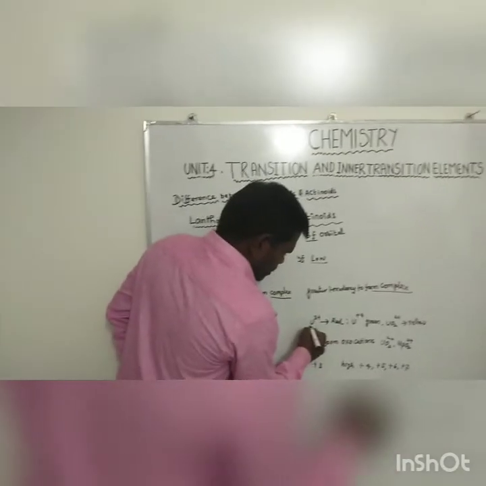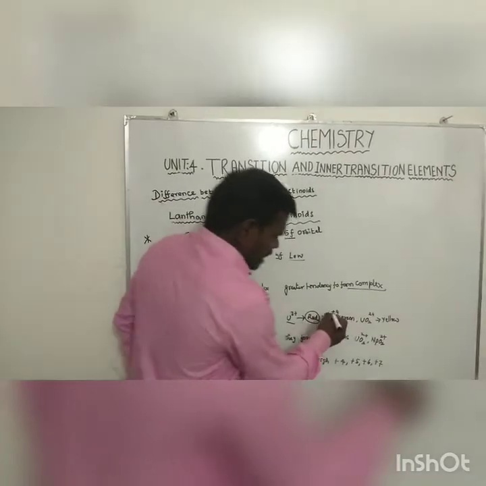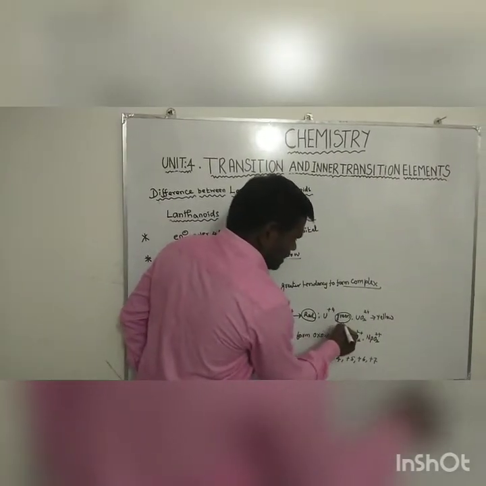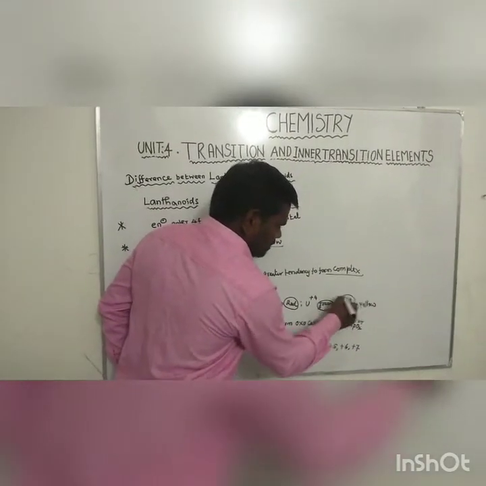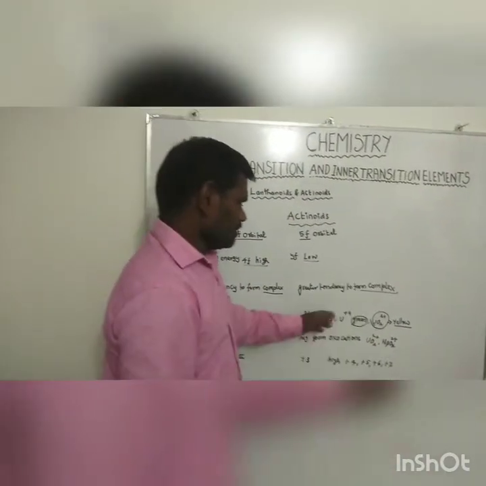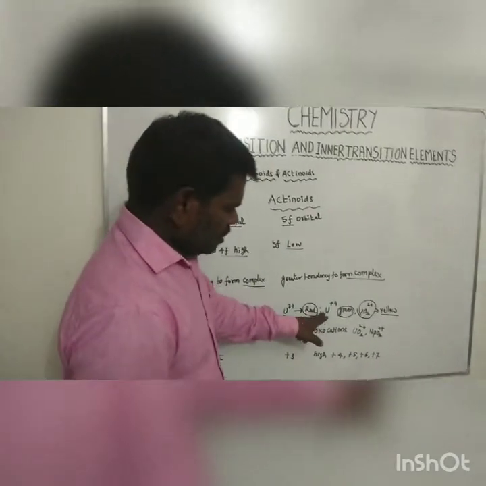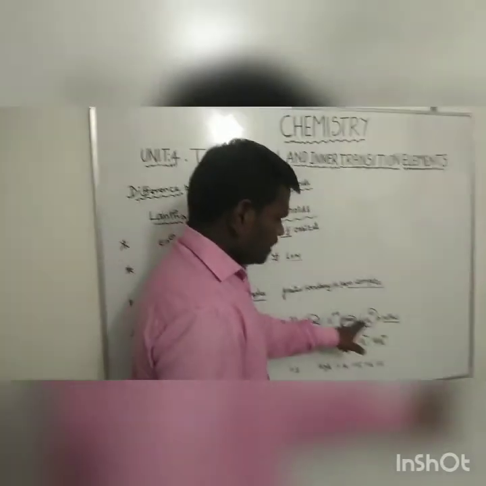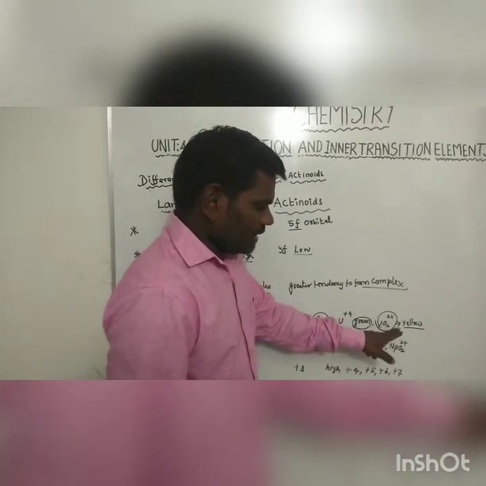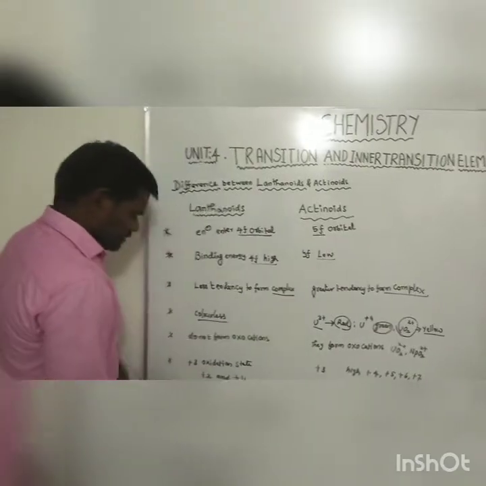For example, uranium 3+ exhibits red color, uranium 4+ exhibits green color, and the uranyl ion exhibits yellow color. It is a very important one. Uranium 3+ is red, uranium 4+ is green, uranyl dichloride is yellow.